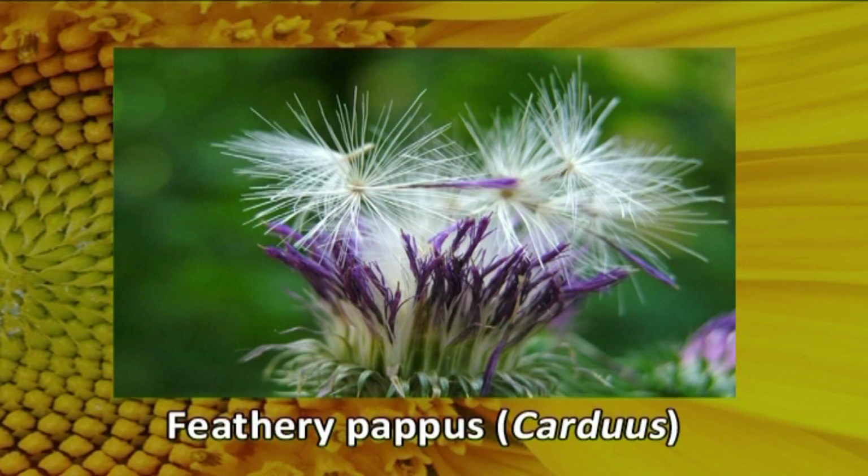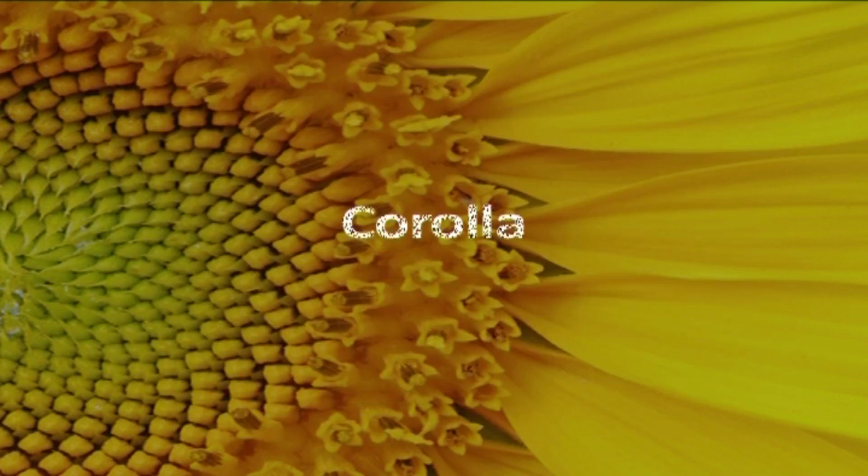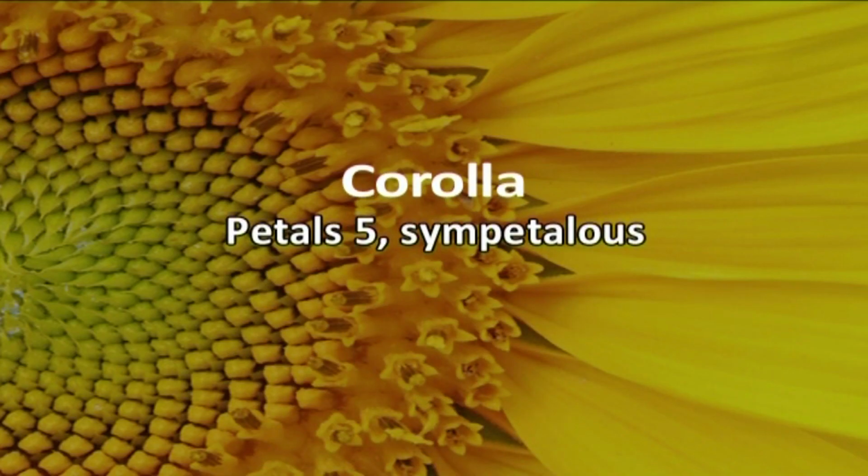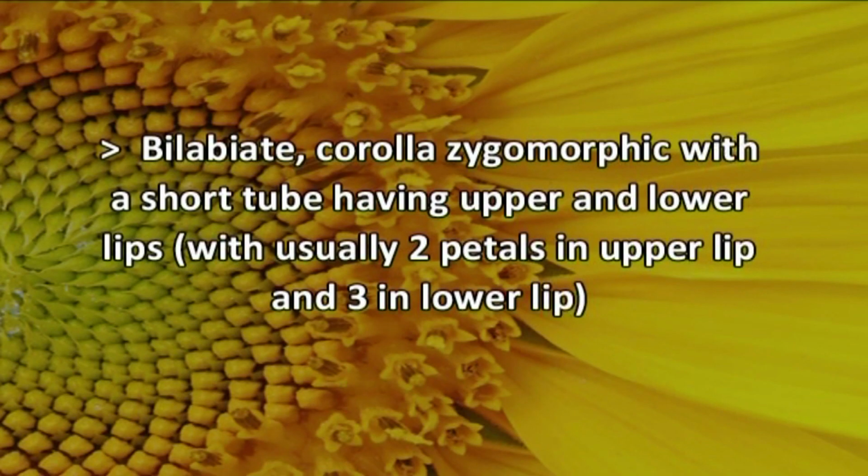Example is Carduus. Now the second whorl, what we call corolla. Corolla here is comprised of 5 petals and its condition is sympetalous. It is usually modified into three structural types within the family Asteraceae. Number one, we call it bilabiate. Here, the corolla is zygomorphic with a short tube having upper and lower lips, with usually 2 petals in the upper lip and 3 petals in the lower lip.